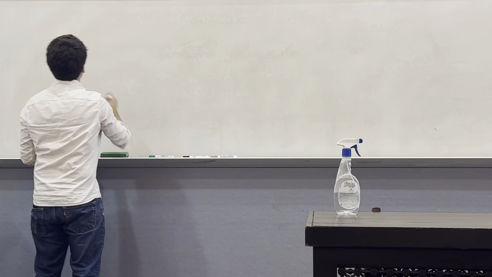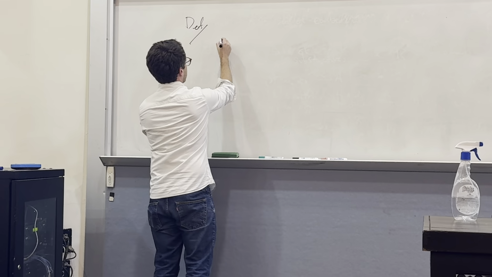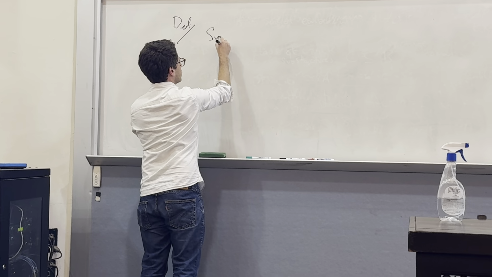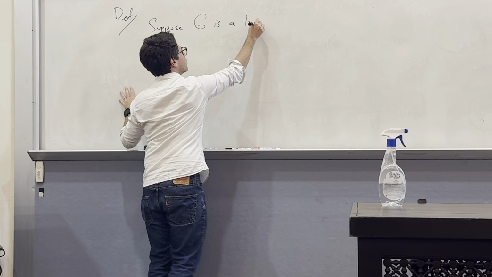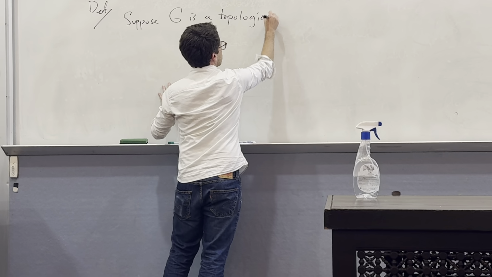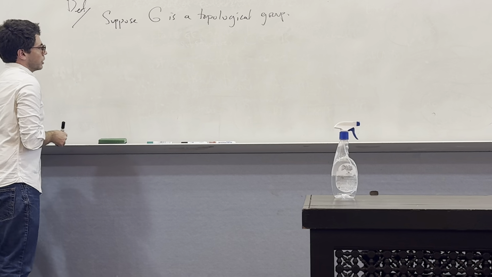But yeah, okay. So here's another definition. Suppose G is a topological group. So it's a group with a topology on it that's compatible with the operation.